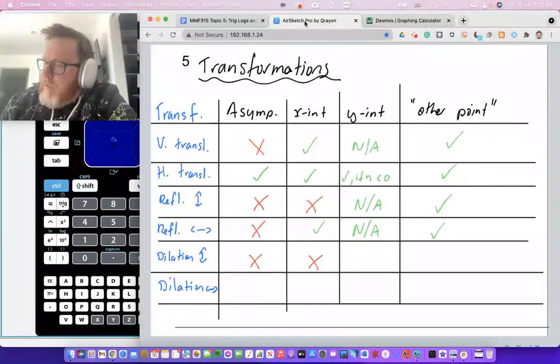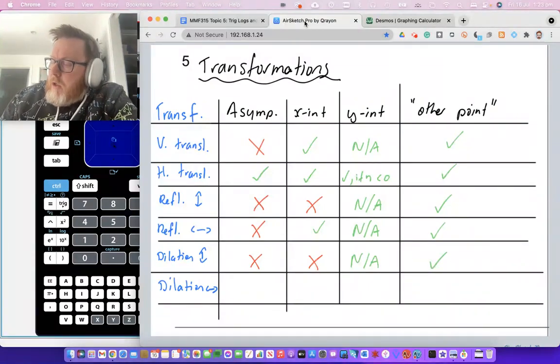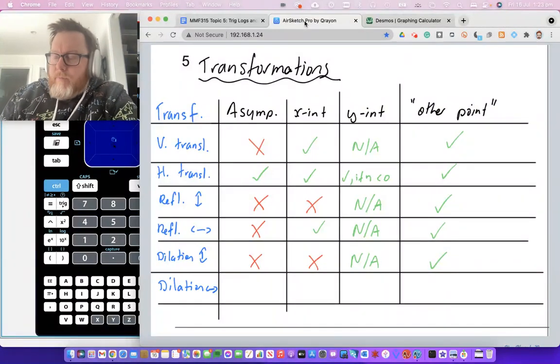The x-intercept wasn't affected. The y-intercept doesn't have one. The other point was affected. So you can see critically for a dilation, working out that other point is really important for scaling your sketch.